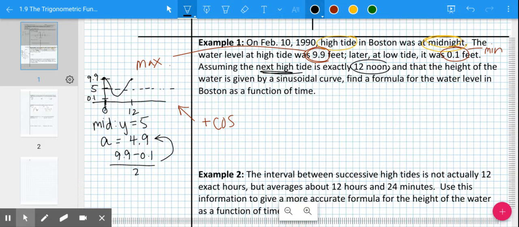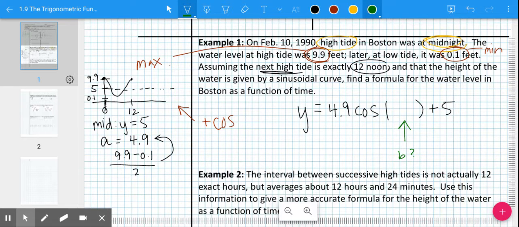So let's start plugging in what we know. We've got a y equals function. The amplitude is 4.9. It's a positive cosine graph. And at the end, we're going to have a plus 5 because of the midline, which is at y equals 5. Now, the other thing we need to figure out is our b value. So let's look at the period.